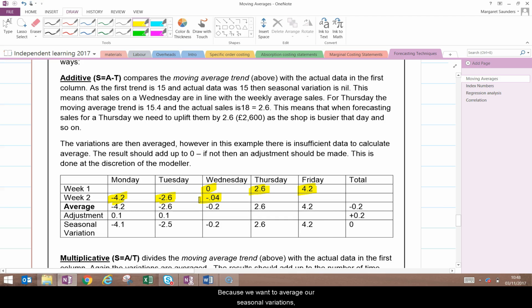Because we want to average our seasonal variations, if we look at Monday, we only have 1, so the average is minus 4.2. Tuesday, there is only 1 variation, so the average is minus 2.6. Wednesday, we've got 2, so we add them together and divide by 2 to get an average.